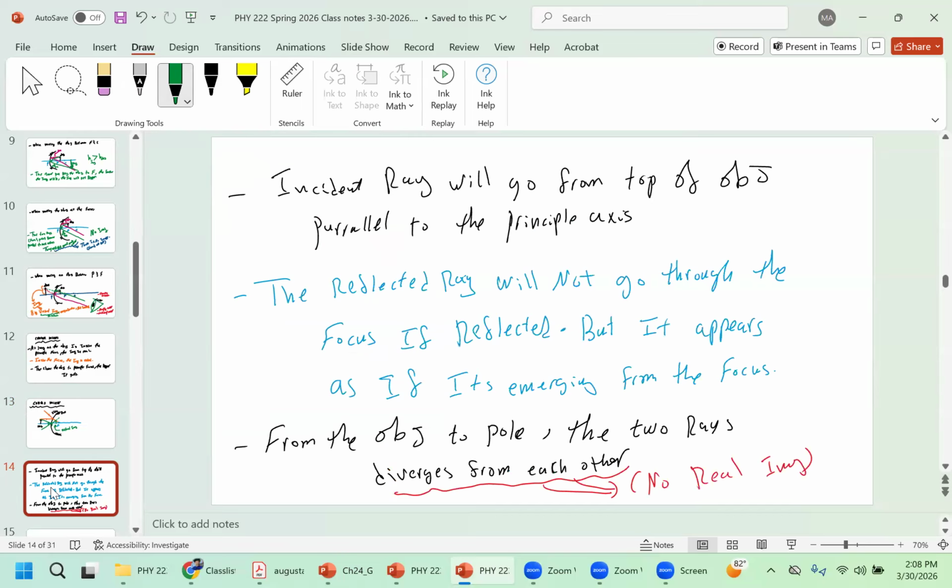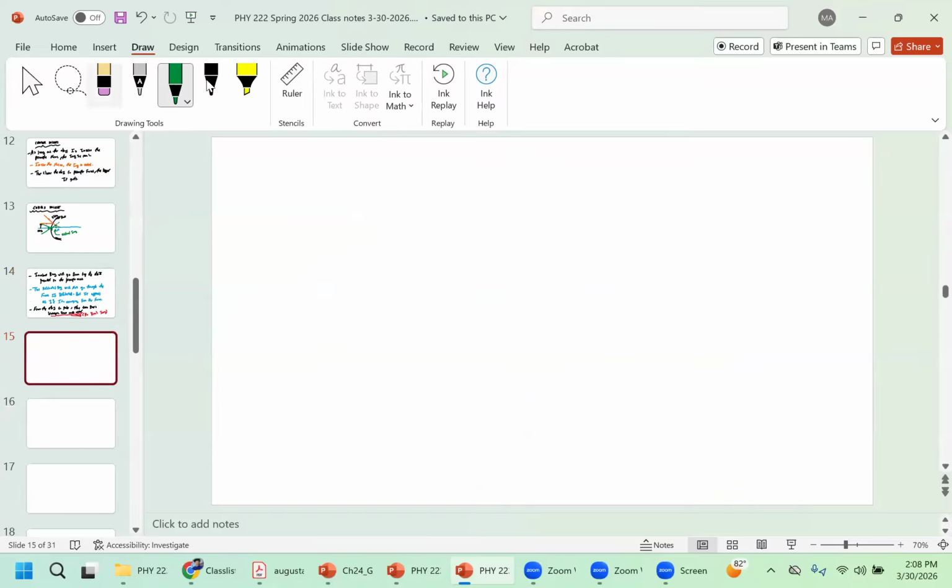So basically, from the object to the pole, the two rays diverge from each other. That means you get no real image. But what you get is a virtual image.